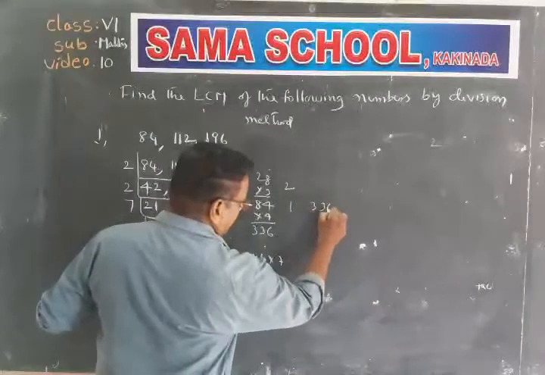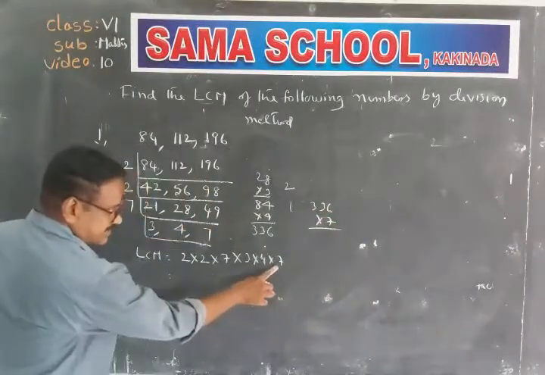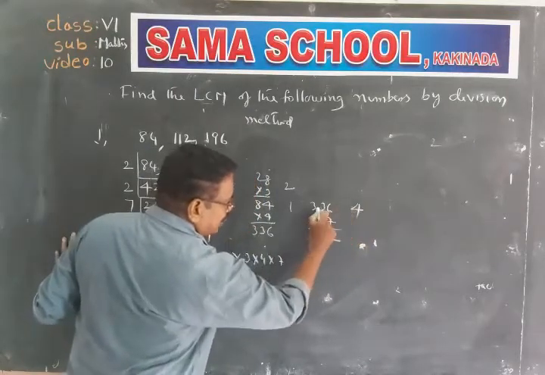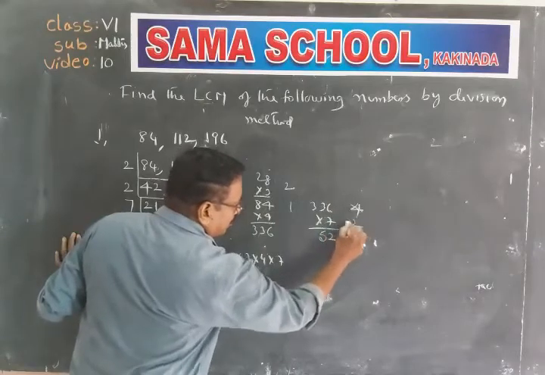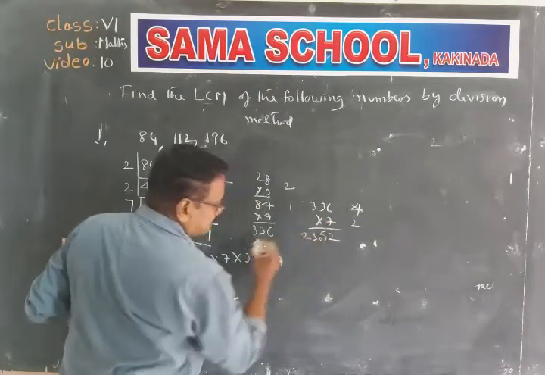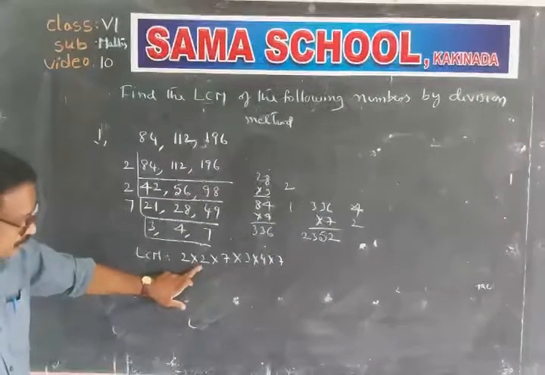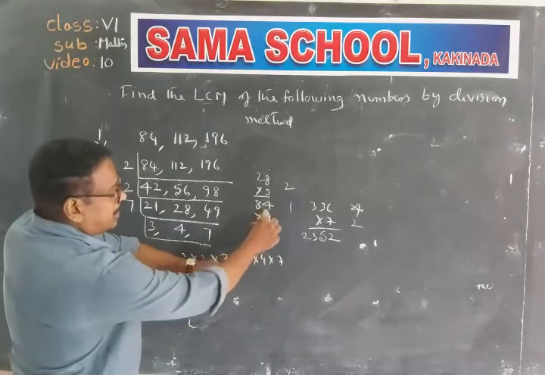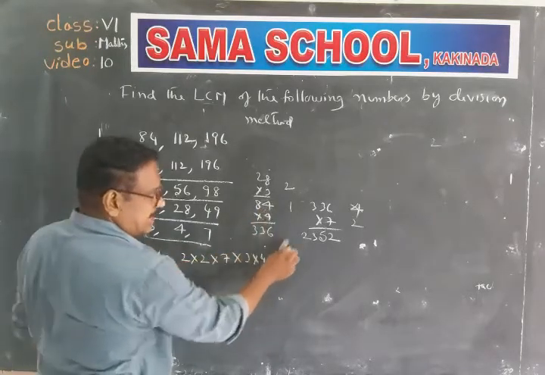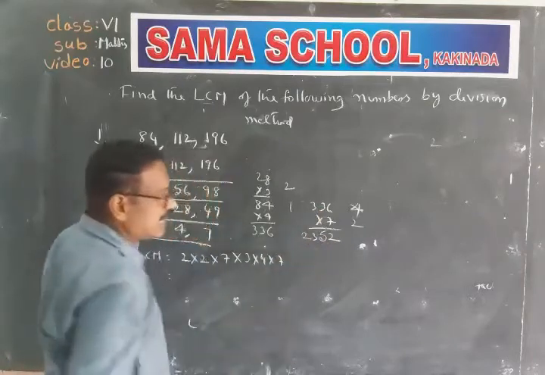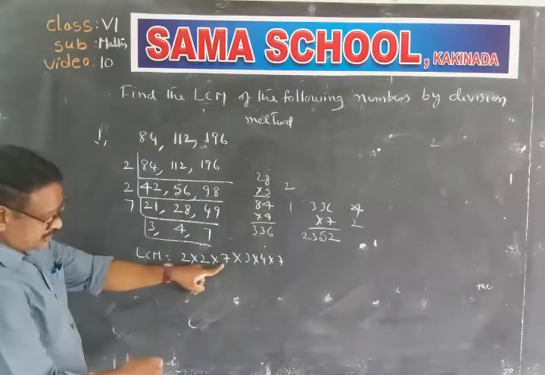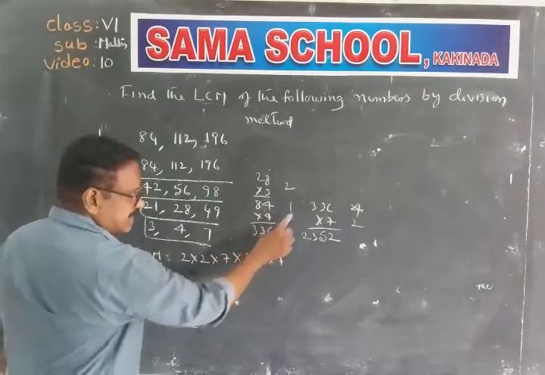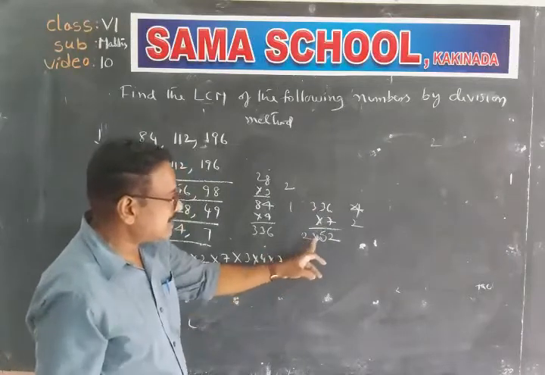Again, 336 multiplied by 7: 7 sixes are 42, 7 threes are 21 plus 4 is 25, 7 threes are 21 plus 2 is 23. So 2 twos are 4, 4 sevens are 28, 28 threes are 84, 84 fours are 336, 336 sevens are 2352.